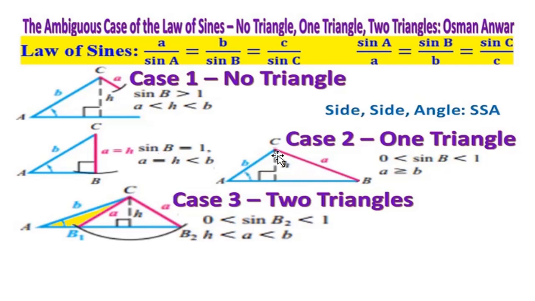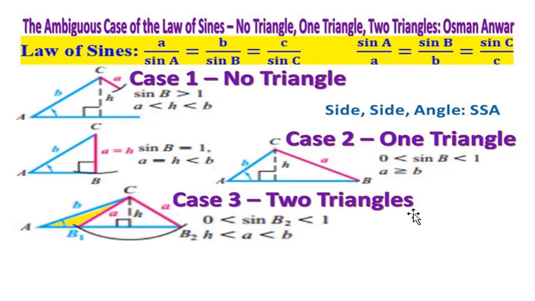If side A is greater than H and greater than B, then side A can be extended to touch the base at some point to the right, but it cannot extend to the left to form another triangle. So you have only one triangle when side A is greater than both H and B.